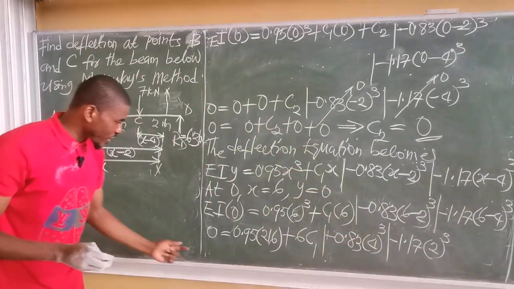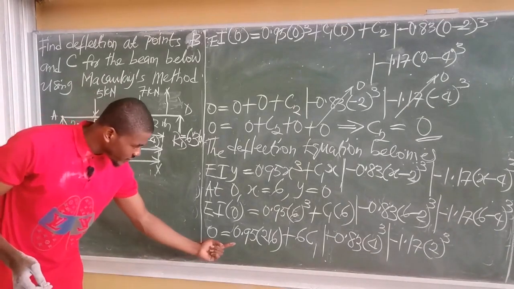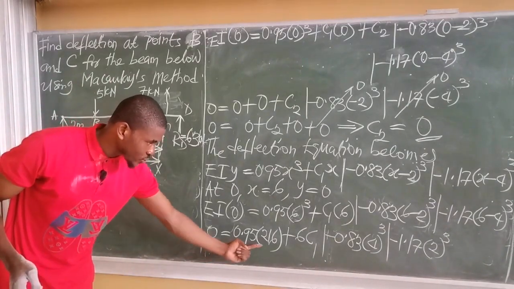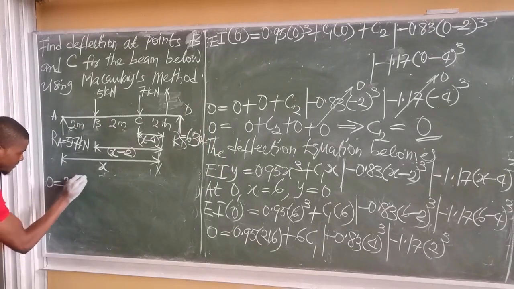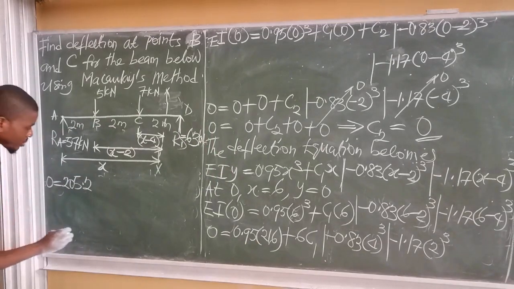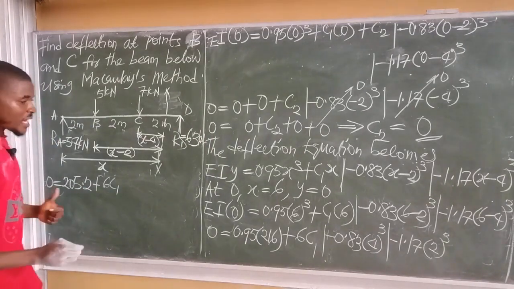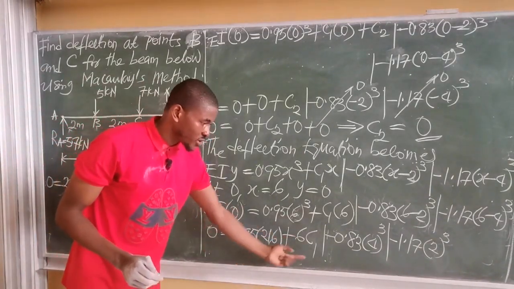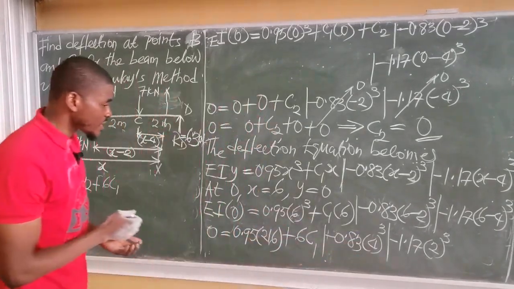At this point now we have 0 equal to 0.95 multiplies 216, 205.2, plus 6C1. At this point, there's no need to put in the Macaulay bracket anymore because we have positive values inside the bracket, so you can take them off.